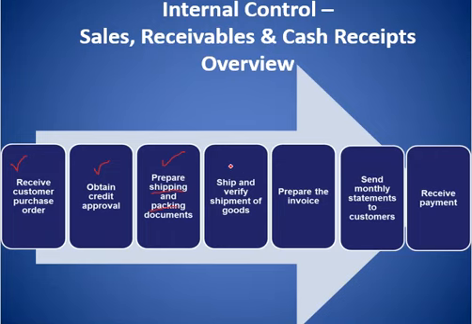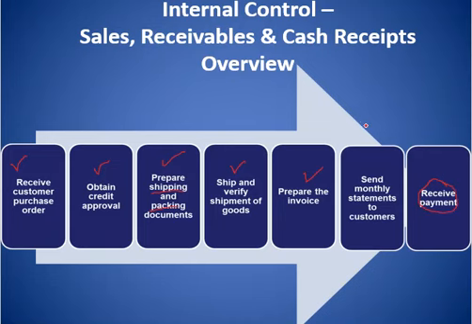After that, we're going to ship those goods out of our shipping department, and we're going to verify that shipment of goods basically by sending notification to our billing department. The billing department, upon notification of the shipment, then will prepare the invoice to be sent to the customer, and the customer then will hopefully pay that invoice or a series of invoices, and that's where we show received payment.